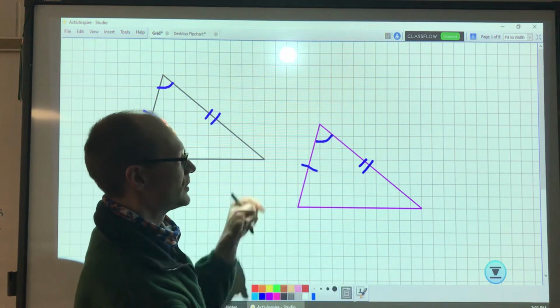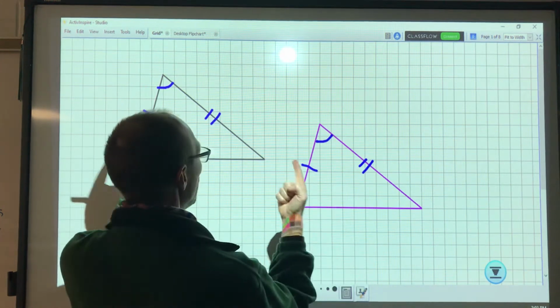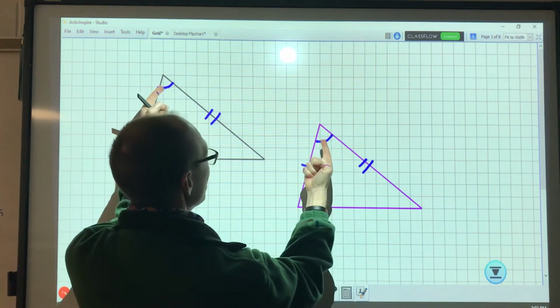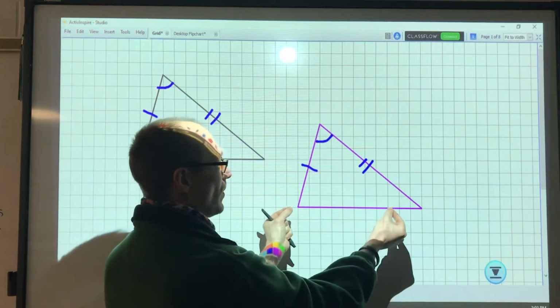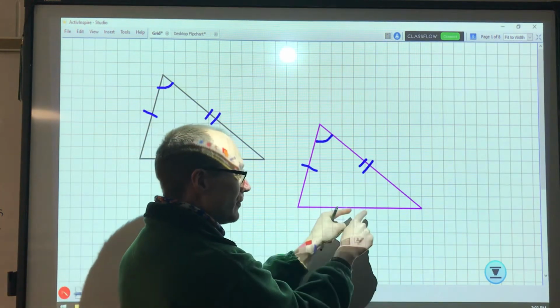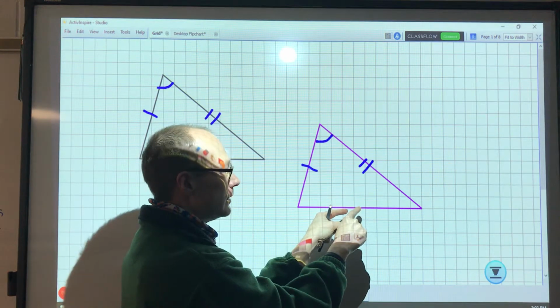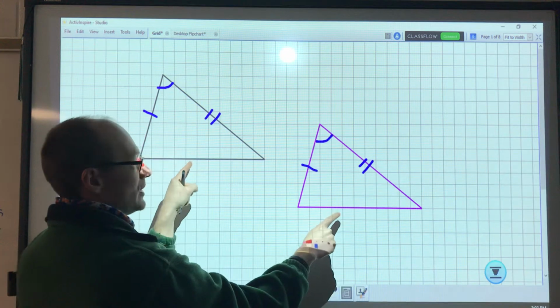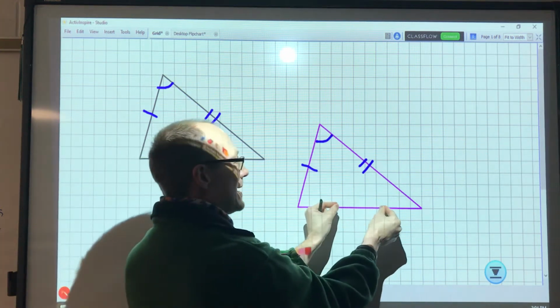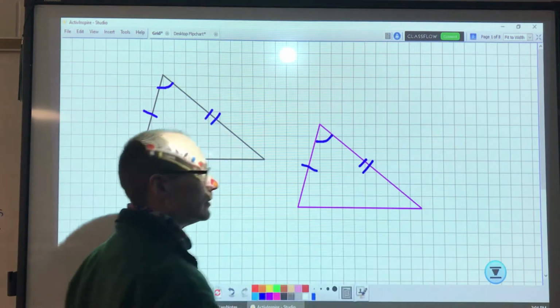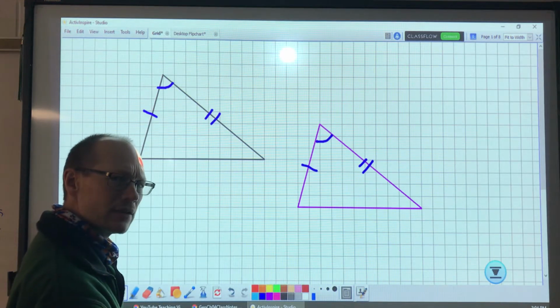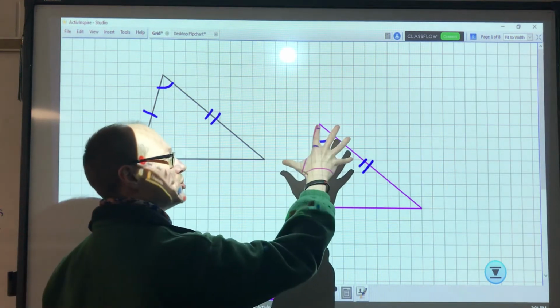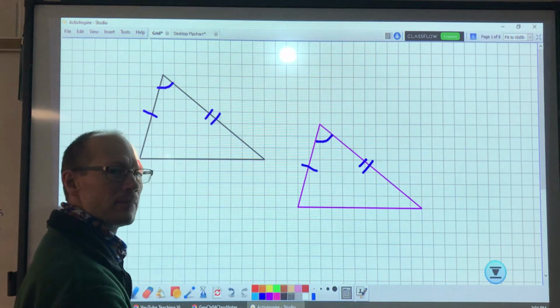If you go over to this one right here, and you know that these match and these match and these angles match, is there any way to change this third side? Can you make this side longer? Right now these are the same length, right? If I make this side longer, can I do that without changing these three things?